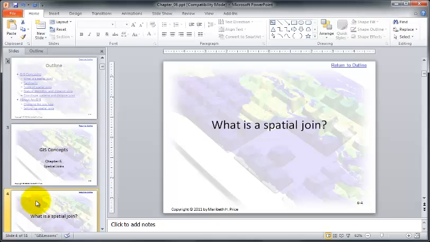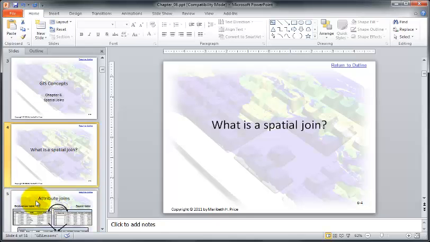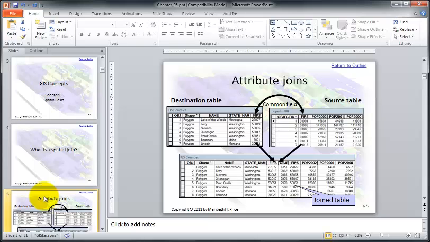First of all, what is a spatial join? We look back to attribute joins, where a FIPS in this case was used to join two fields, a destination table and a source table. Notice how the source table is appended to the destination table.